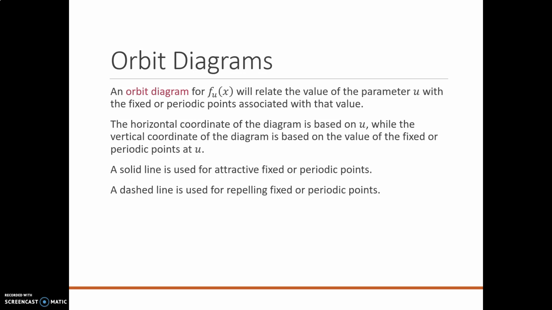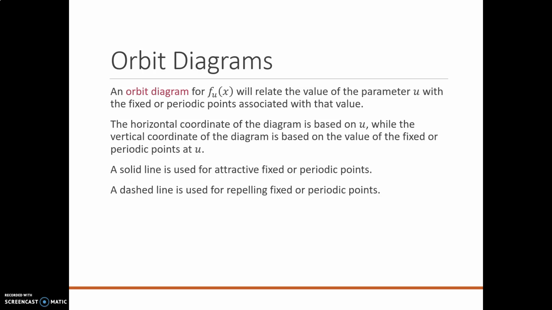Orbit diagrams. An orbit diagram for f_u(x) will relate the value of the parameter u with the fixed or periodic points associated with that value. The horizontal coordinate of the diagram is based on u, while the vertical coordinate is based on the value of the fixed or periodic points at u. A solid line is used for attractive fixed or periodic points, and a dashed line is used for repelling fixed or periodic points.